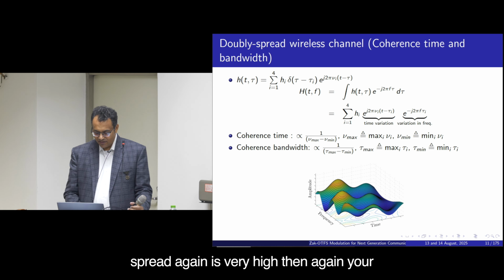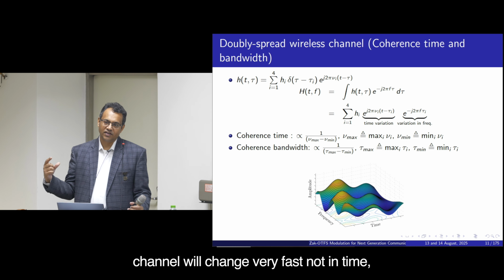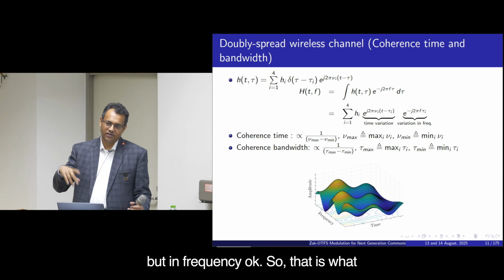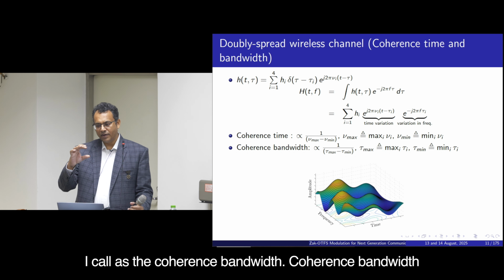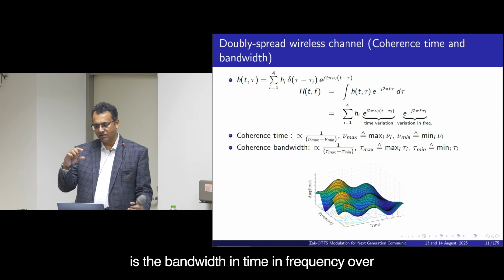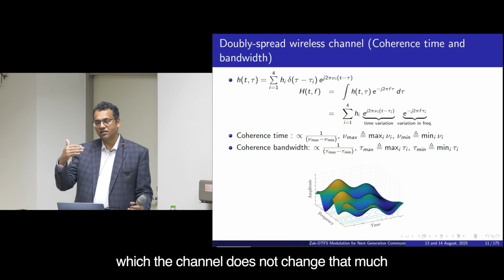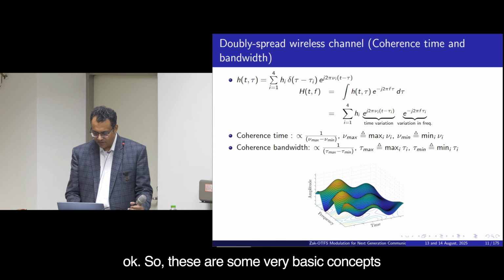If your delay spread is very high, then again your channel will change very fast, not in time but in frequency. That is what I call the coherence bandwidth. Coherence bandwidth is the bandwidth in frequency over which the channel does not change that much.